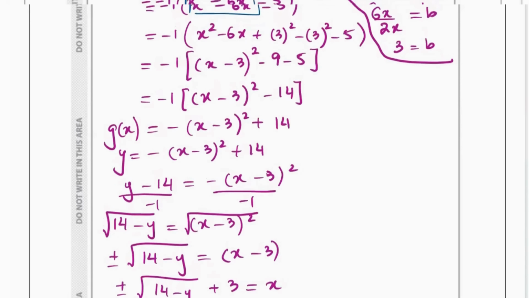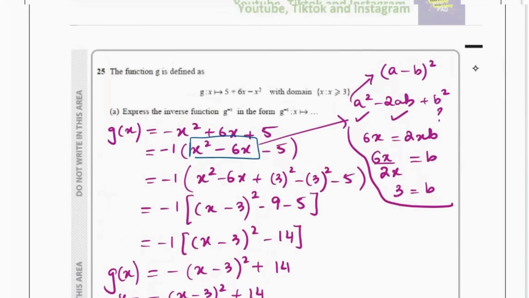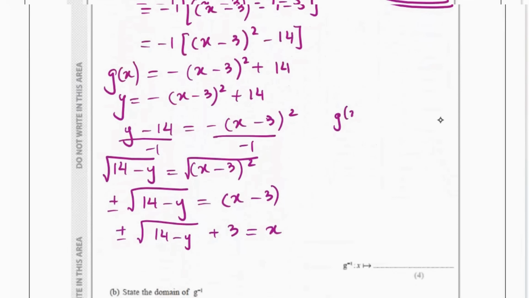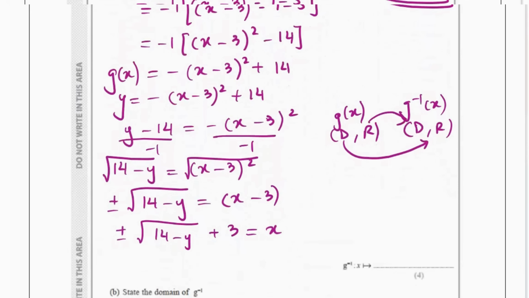Now if we go to the equation in the question, it says that the domain is x is greater than or equal to 3. When you talk about the domain and range of the original function and the inverse function, whatever is the domain and range of the original becomes the range and domain of the inverse. So basically we swap the values.